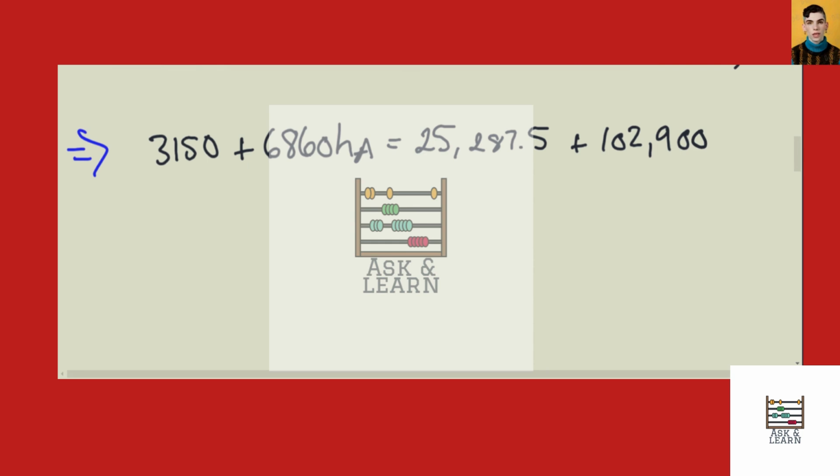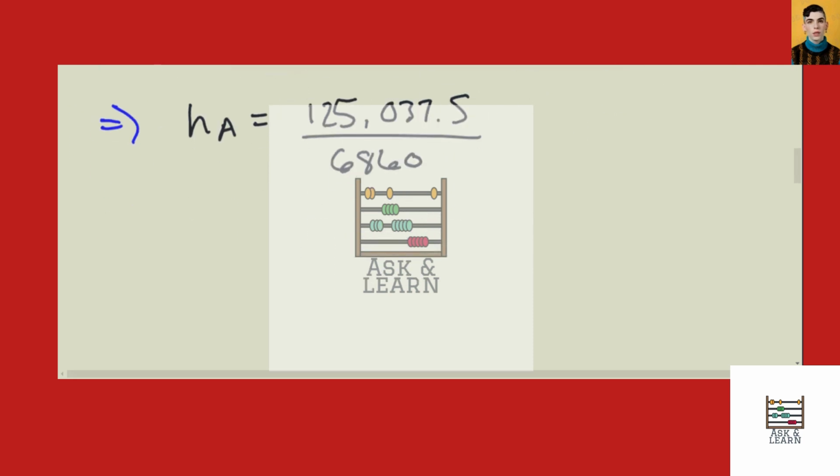So we got HA equals 125,037.5 divided by the 6860. So for the height HA, we get 18.2 meters.